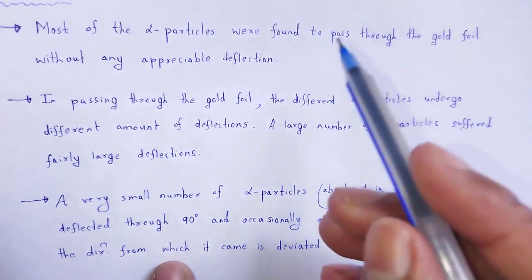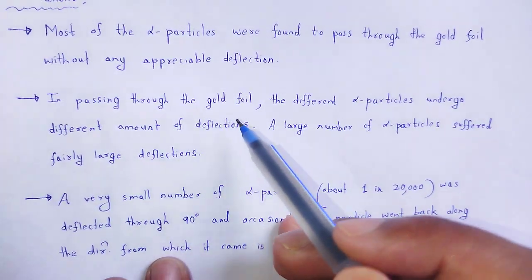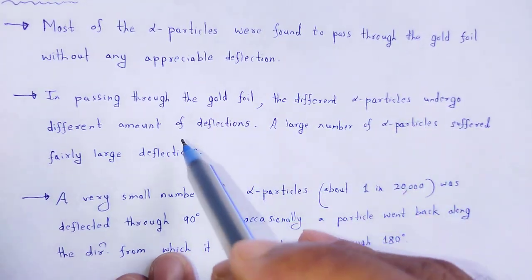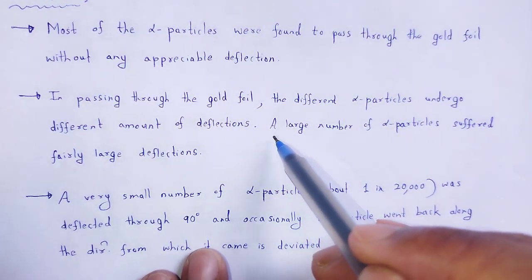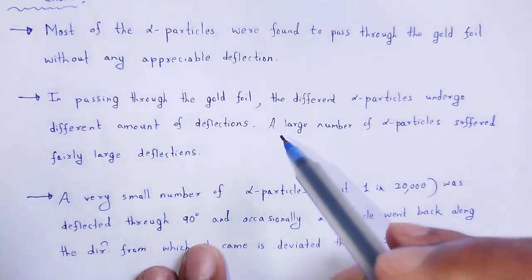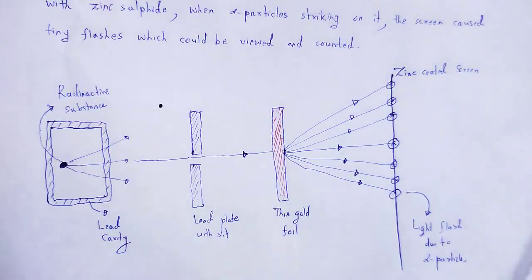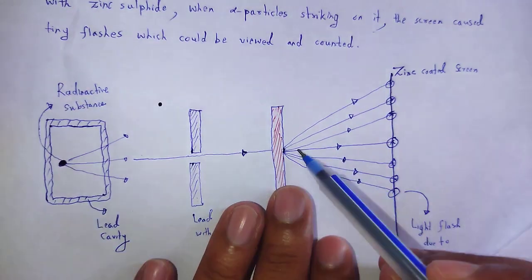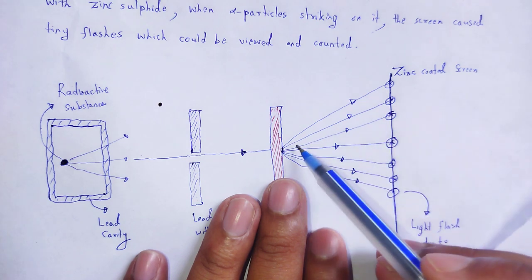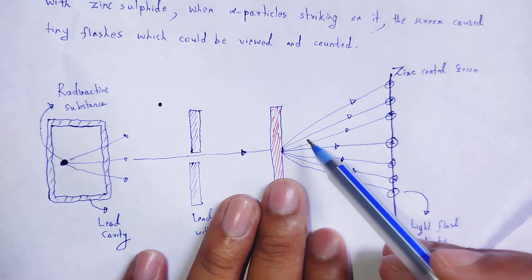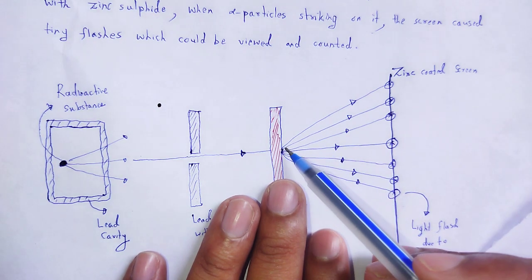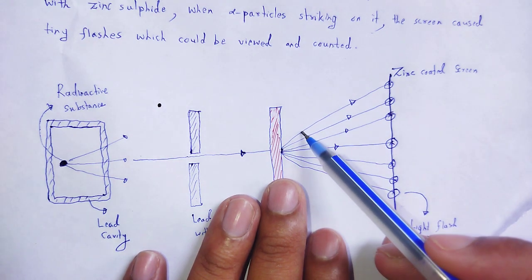Another observation: in passing through the gold foil, different alpha particles undergo different amounts of deflection, and a large number of alpha particles suffered fairly large deflections. Some alpha particles were deflected at different angles, and some were deflected largely.